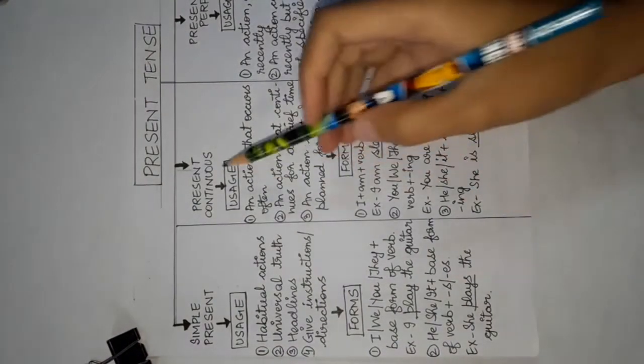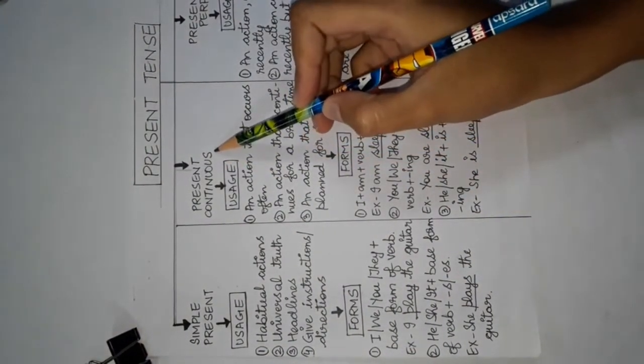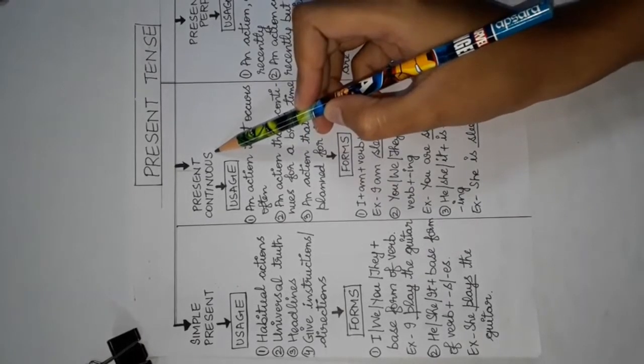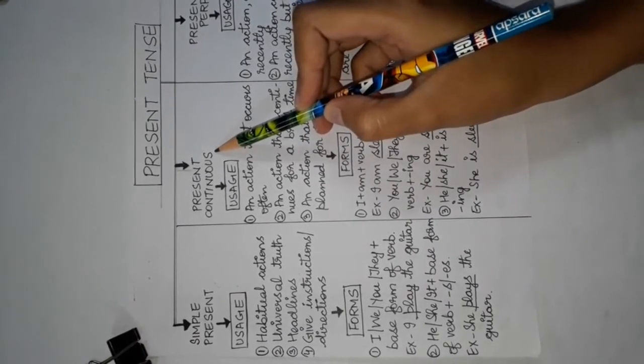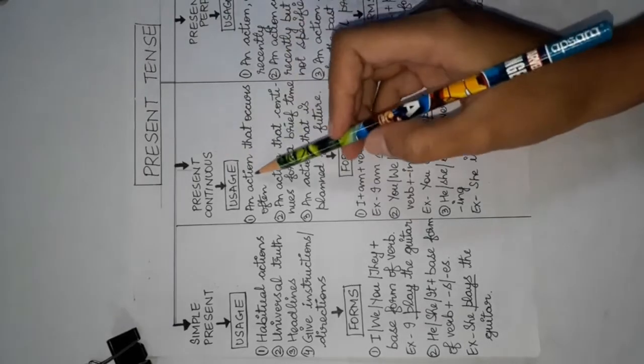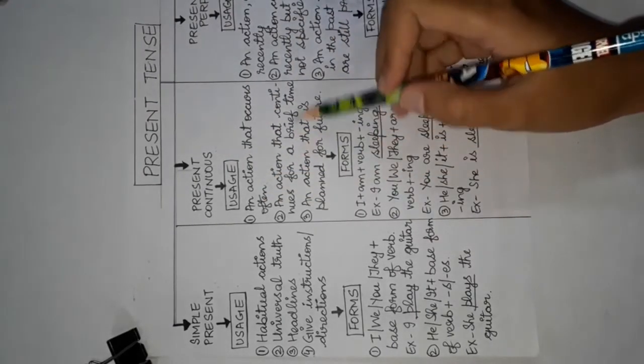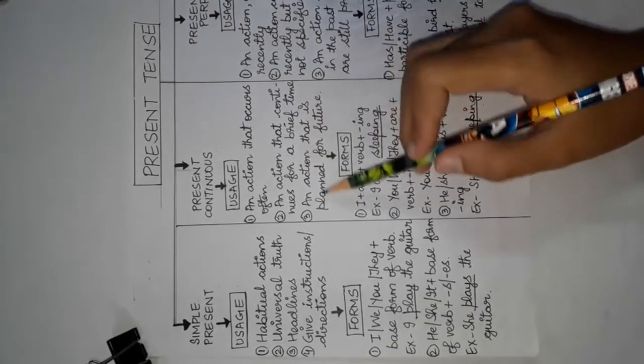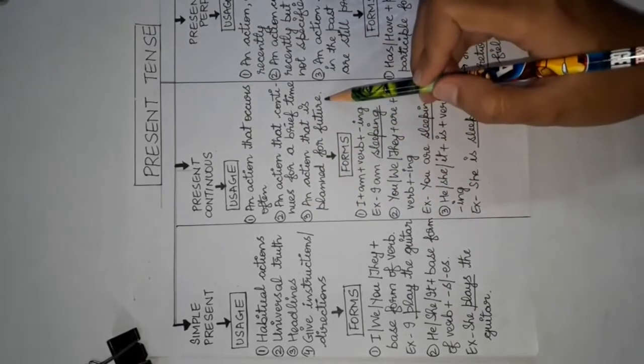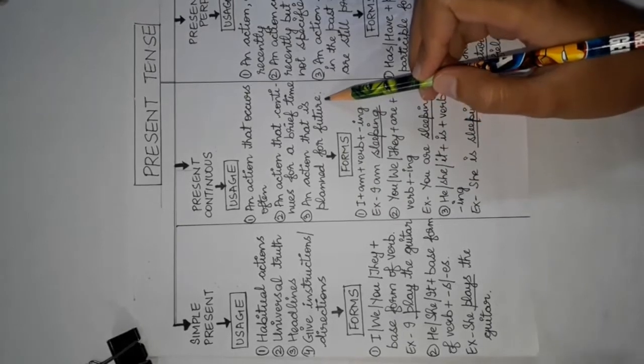Coming to the second form, present continuous tense. Present continuous tense is used for actions which are taking place at the time of speaking, and the usages are an action that occurs often, an action that continues for a brief time, an action that is planned for the future.